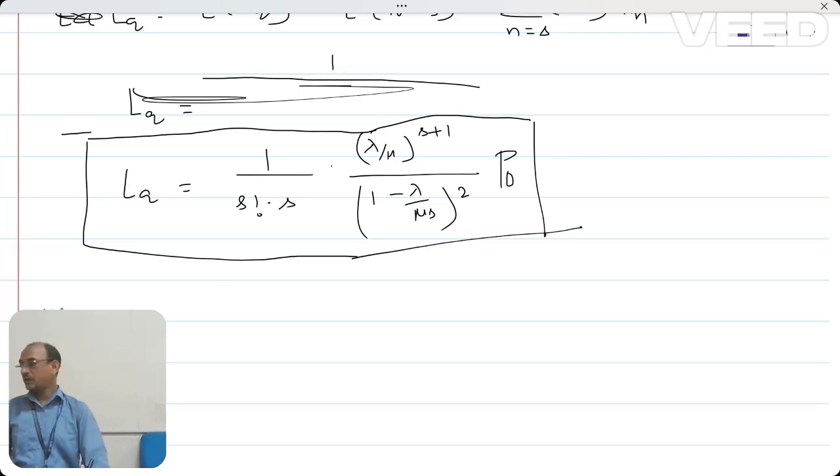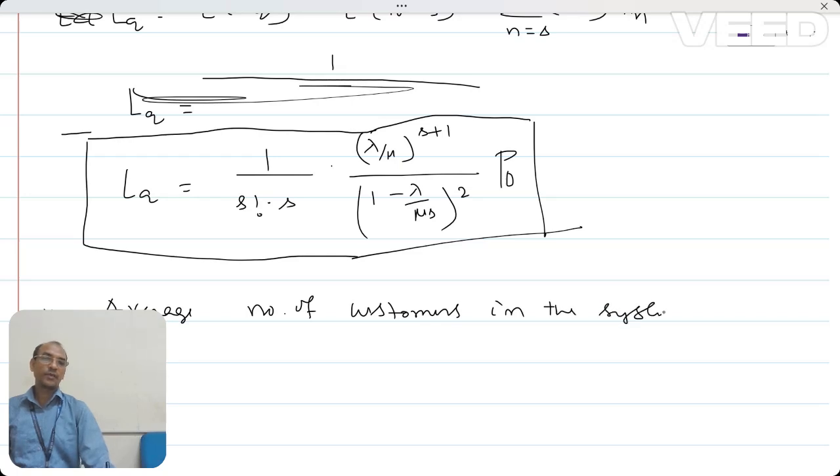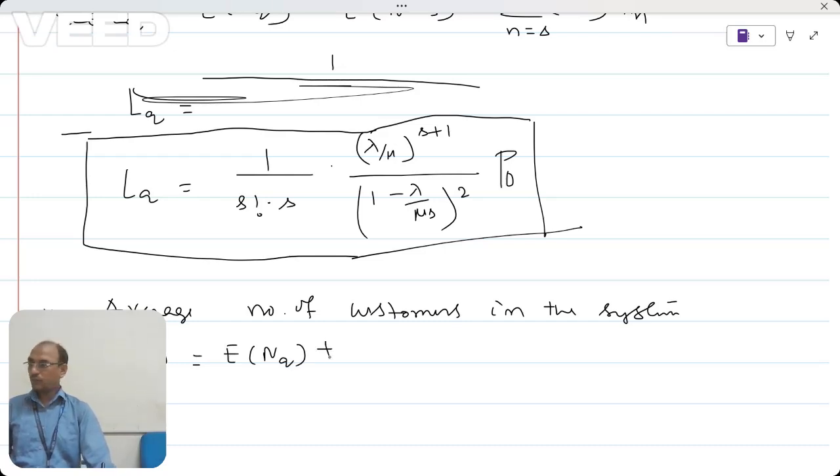The next characteristic is the average number of customers in the system. The average number of customers in the system will be E of NS, that is equal to E of NQ, the average number of customers in the queue, plus the average number of customers arriving and departing.